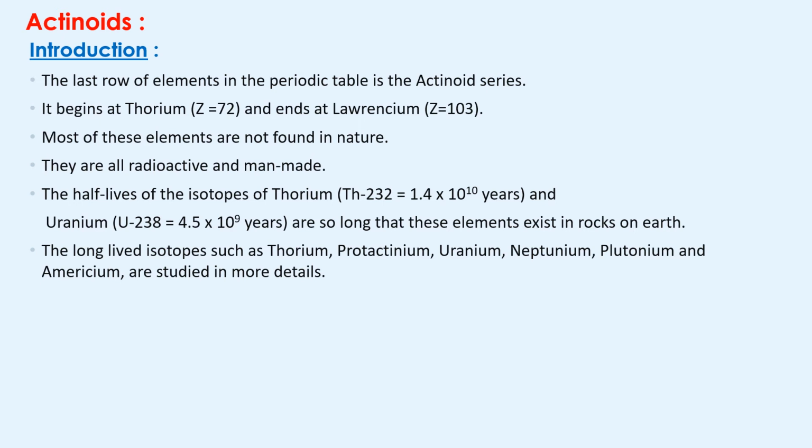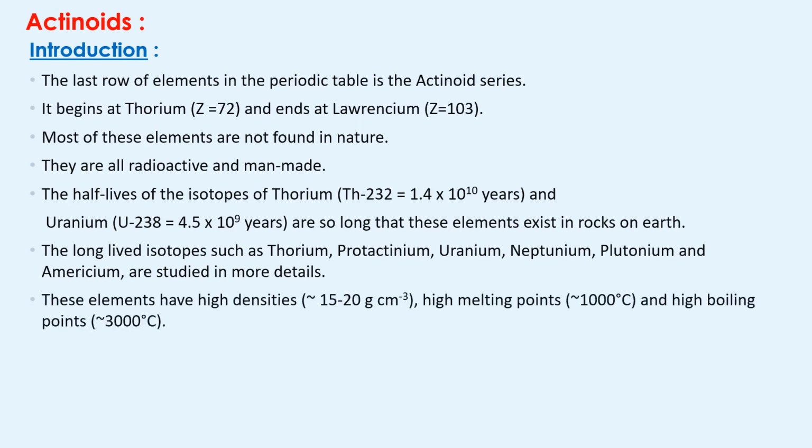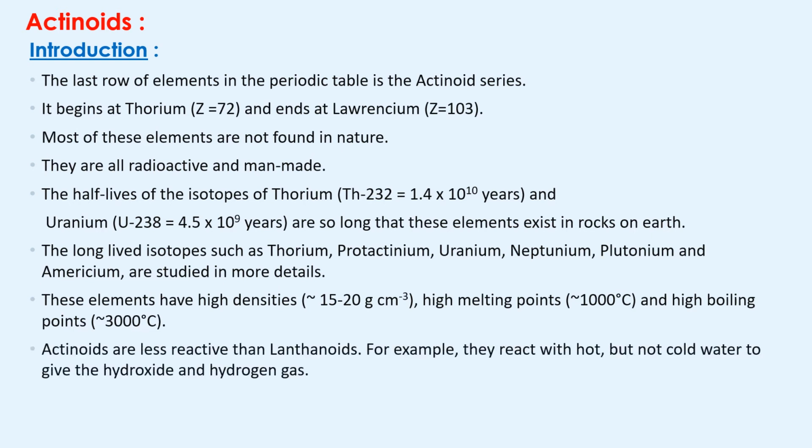The long-lived isotopes such as thorium, protactinium, uranium, neptunium, plutonium and americium are studied in more detail. These elements have a density ranging from 15 to 20 gram per cm cube, a melting point of nearly 1000 degrees Celsius, and a high boiling point.